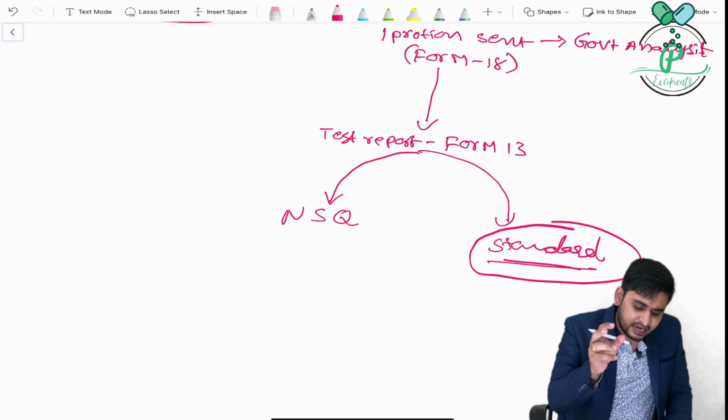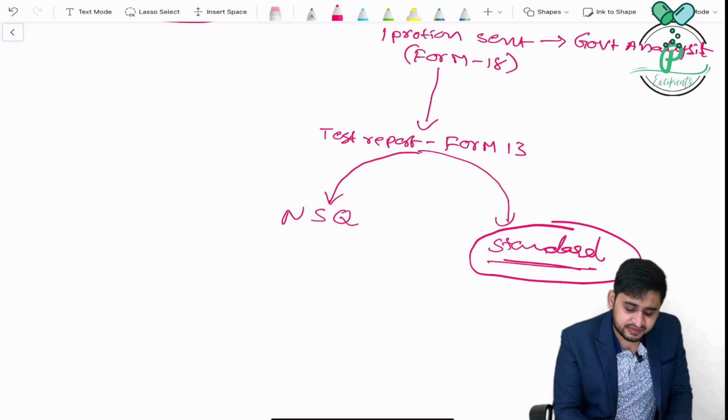So whenever the drug is reported as not of standard quality, what does the drug inspector do?